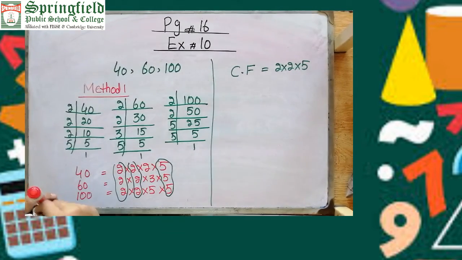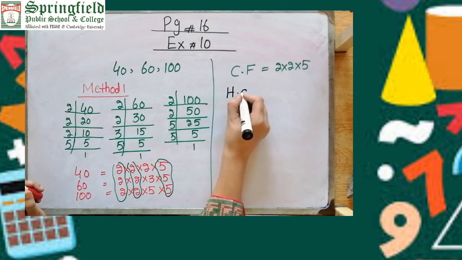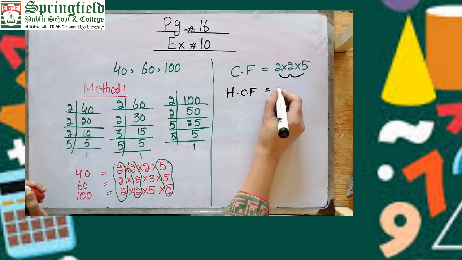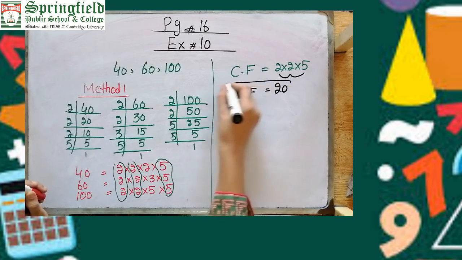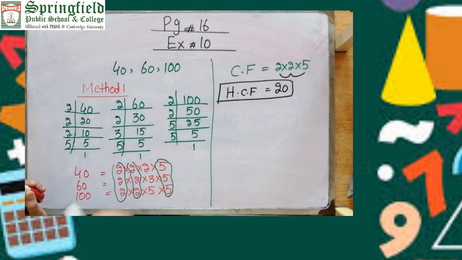And then what will be the highest common factor? It is the multiplication of the common factors. 2 2s are 4, 4 5s are 20. It means 20 is the highest common factor of 40, 60 and 100. Understood, beta? Okay. Now come to the second method.